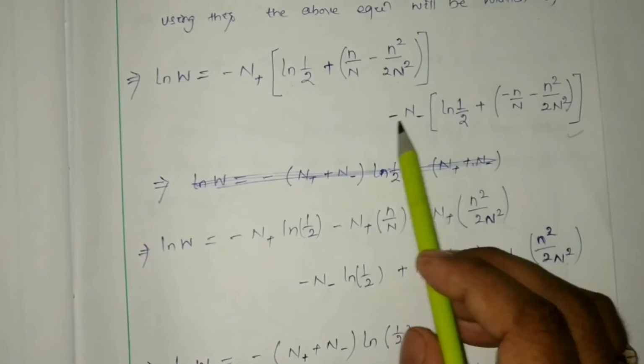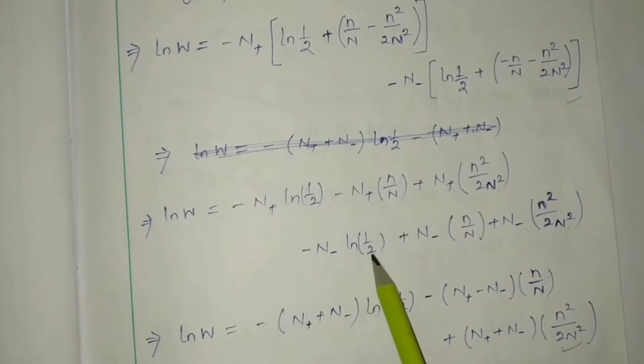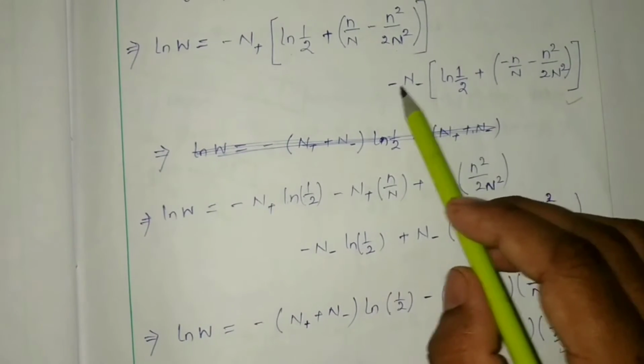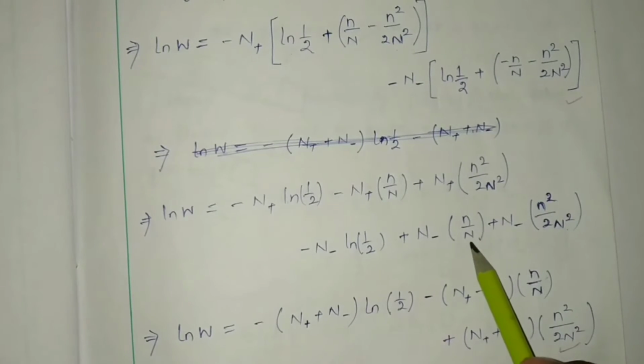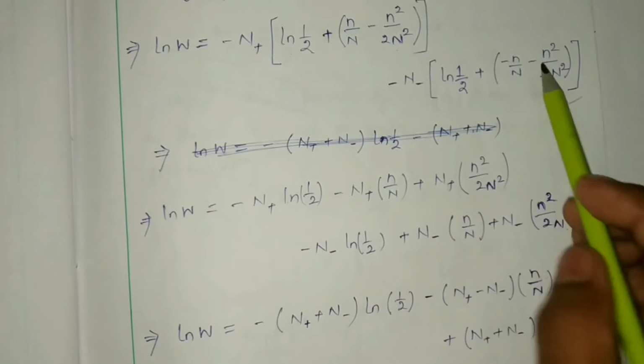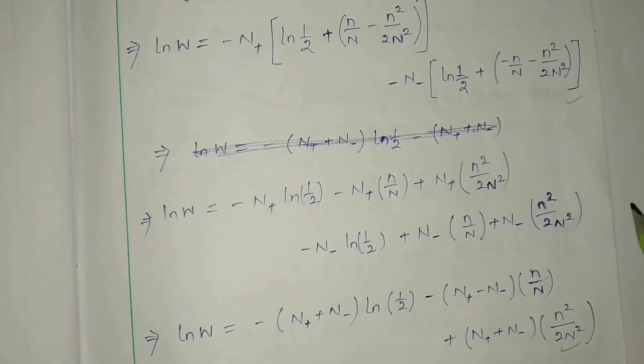Similarly, just multiplication you have to consider, minus n minus ln 1 by 2 plus n minus small n by capital N minus n minus n square by 2 capital N square.